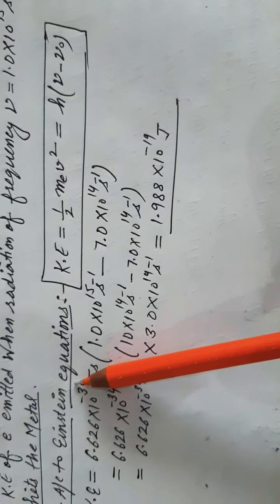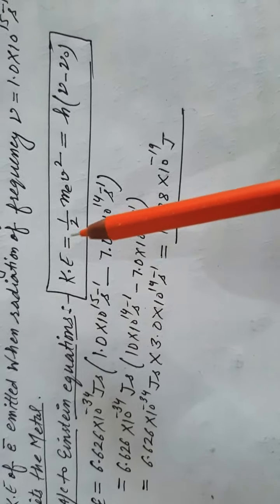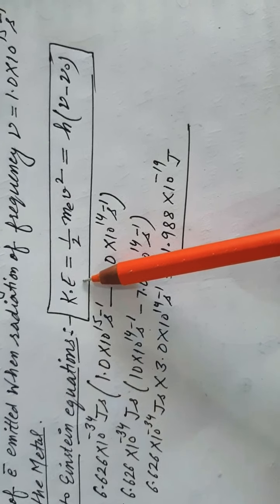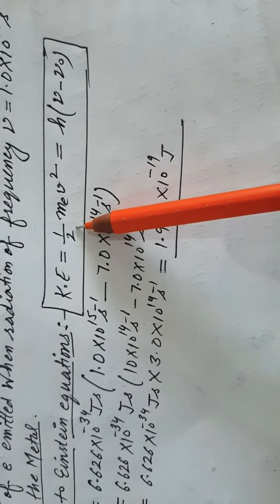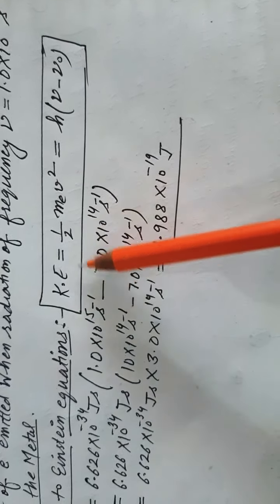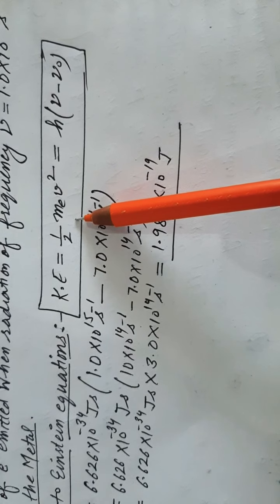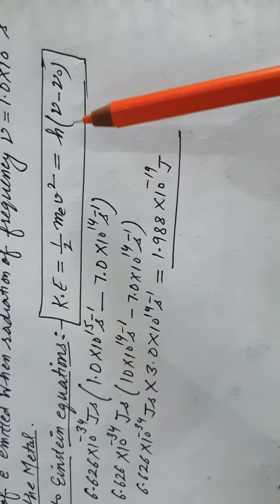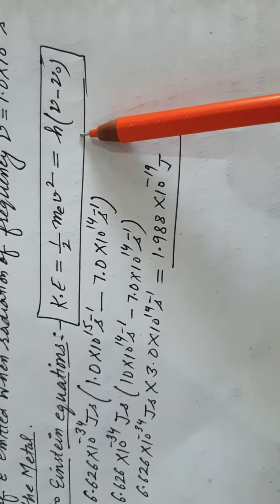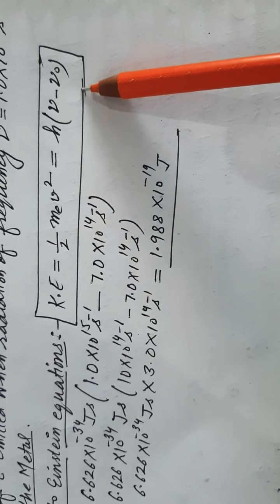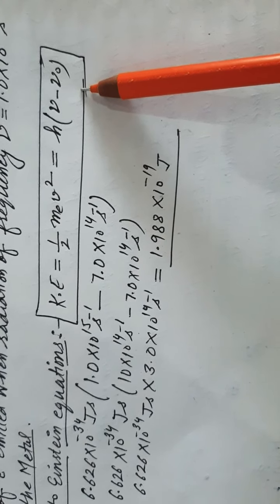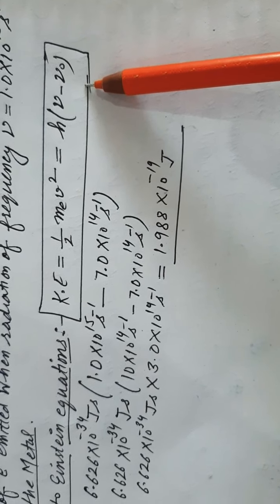So according to the Einstein equation for the photoelectric effect, kinetic energy is the difference between the incident radiation energy minus the threshold energy for the metal.